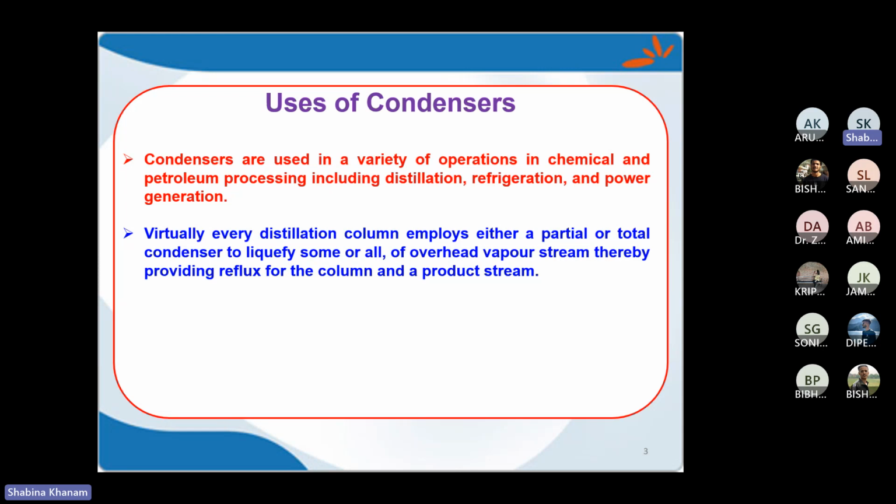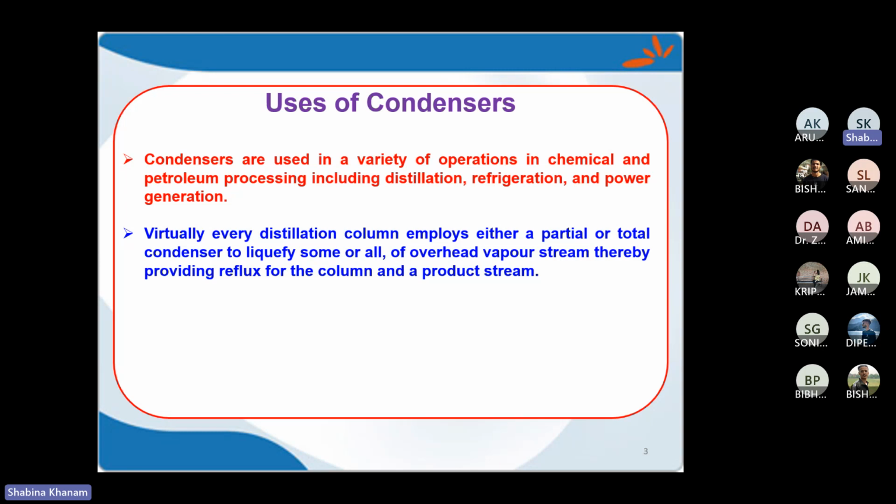If the product of the distillation column, that is distillate, is required in vapor form, we consider partial condenser. And if that distillate is required in liquid form, we consider total condenser. I hope you are getting this.